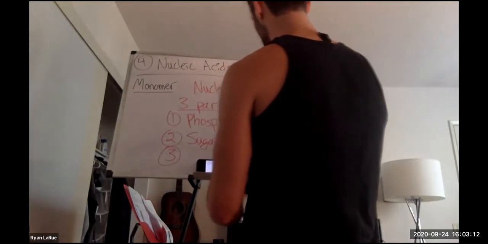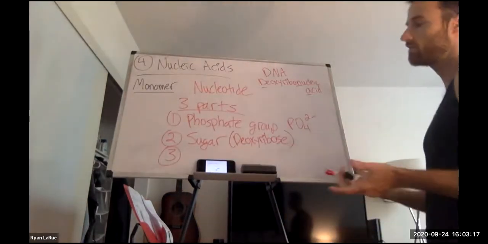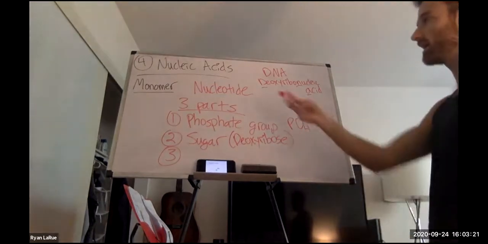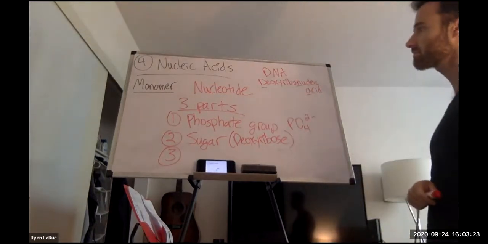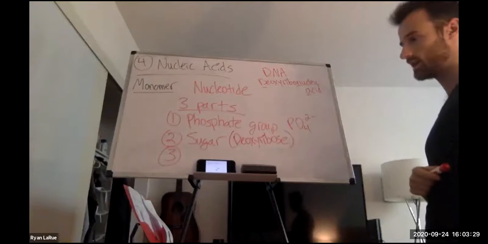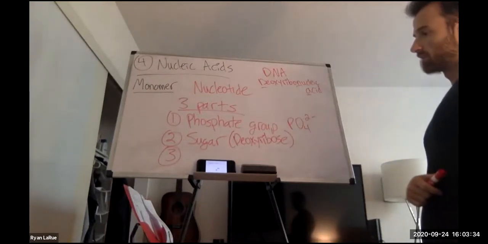And that's where the deoxyribo comes from. It's just the specific type of sugar we find in the nucleotides of DNA. And don't worry, we're going to look at other polymers as well in the next slide. DNA is one of them.